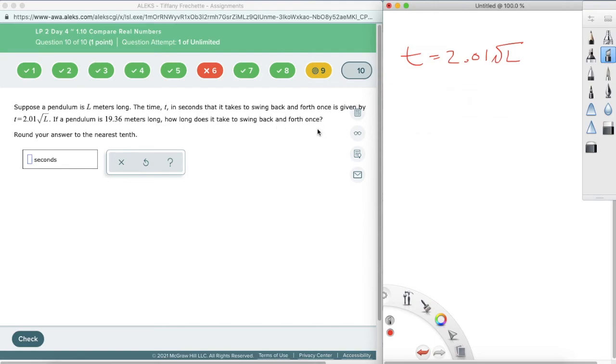So what they're asking us to do is, well, they just told us what the length was. It's 19.36, right? So we're just plugging this in.